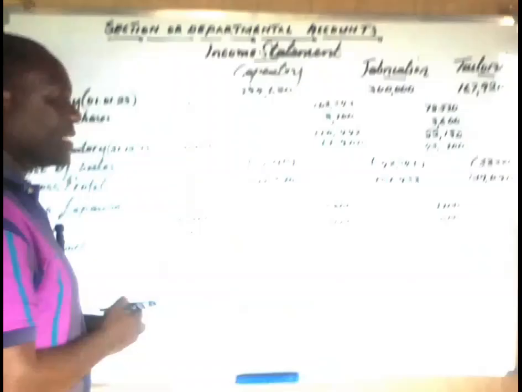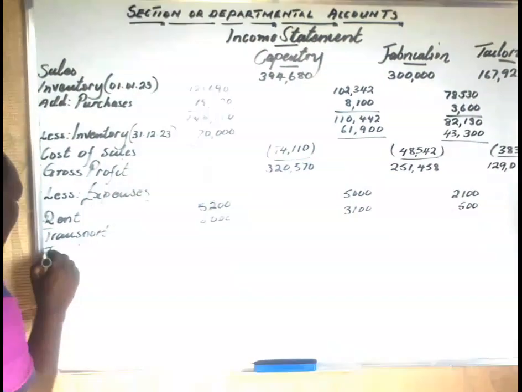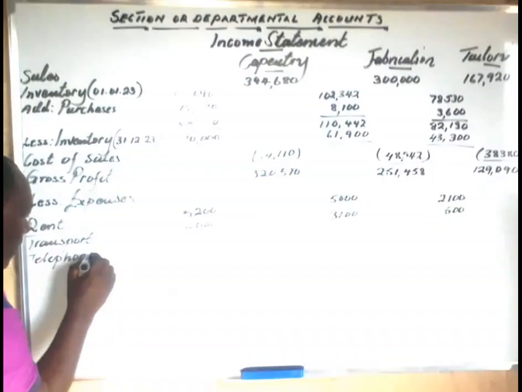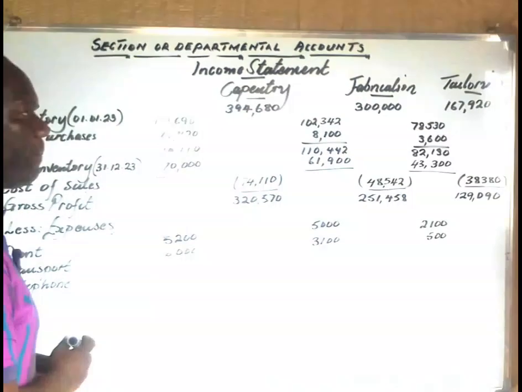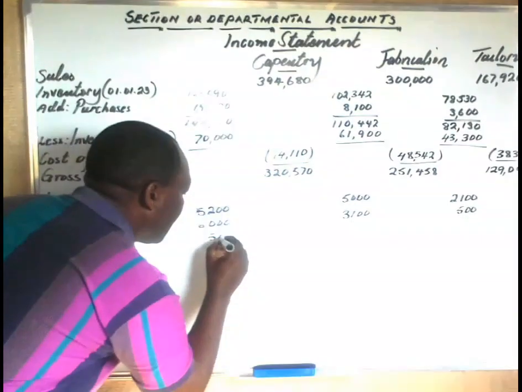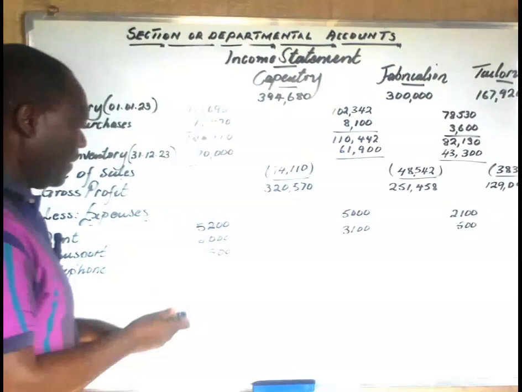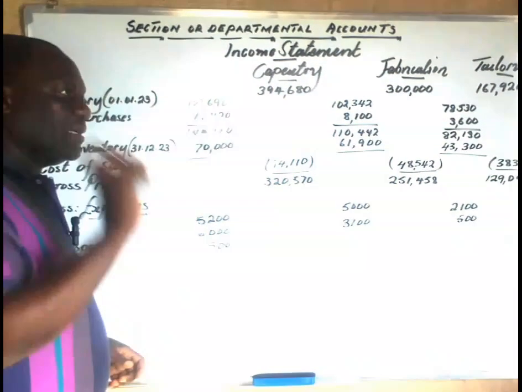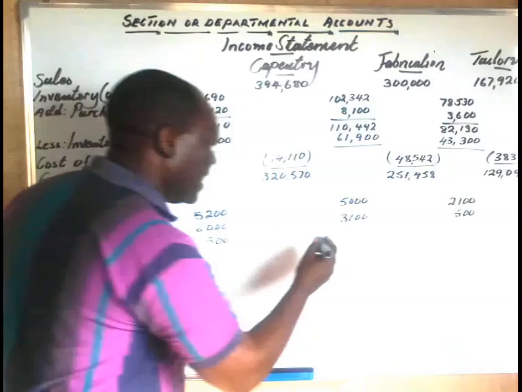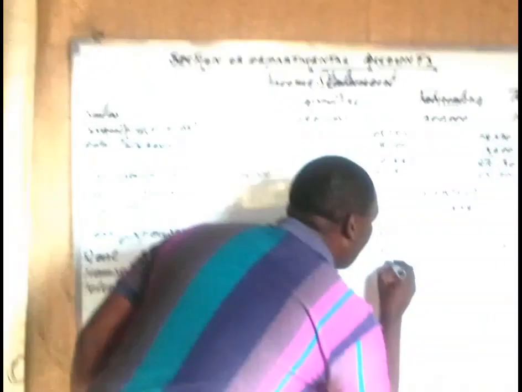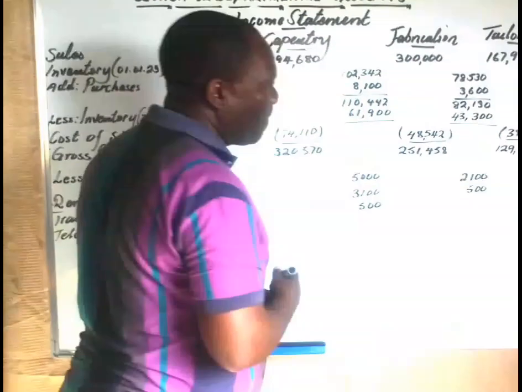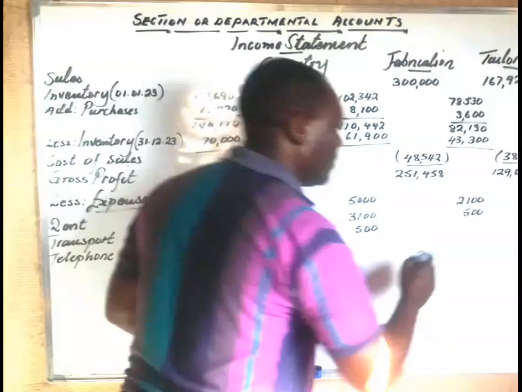The next expense was telephone. Telephone for carpentry, we had 1,500. Then the telephone for metal fabrication again was 1,500. Telephone bill for tailoring was 500.